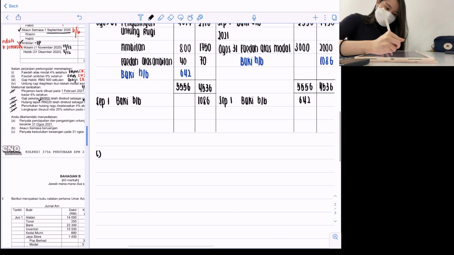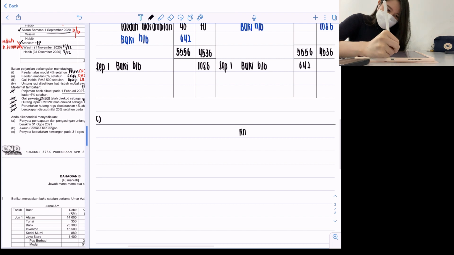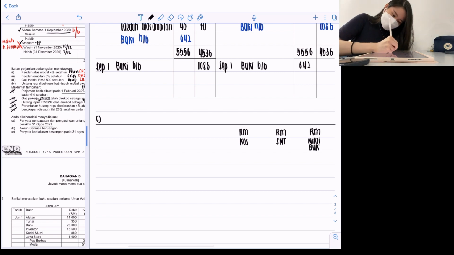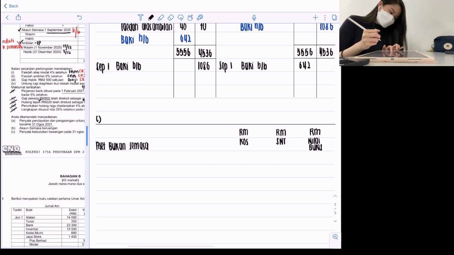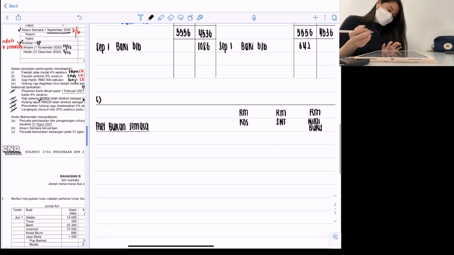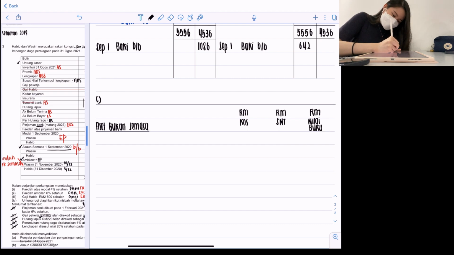So PKK, we need only 3 RM columns because we don't have a lot of SNT. So far, I've only seen one, so that's why. Cost, SNT, nilai book. Start off from asset bukan semasa. Alright, so start from the first one. We only have 2 ABS, but the only one with the SNT is your lengkapan.